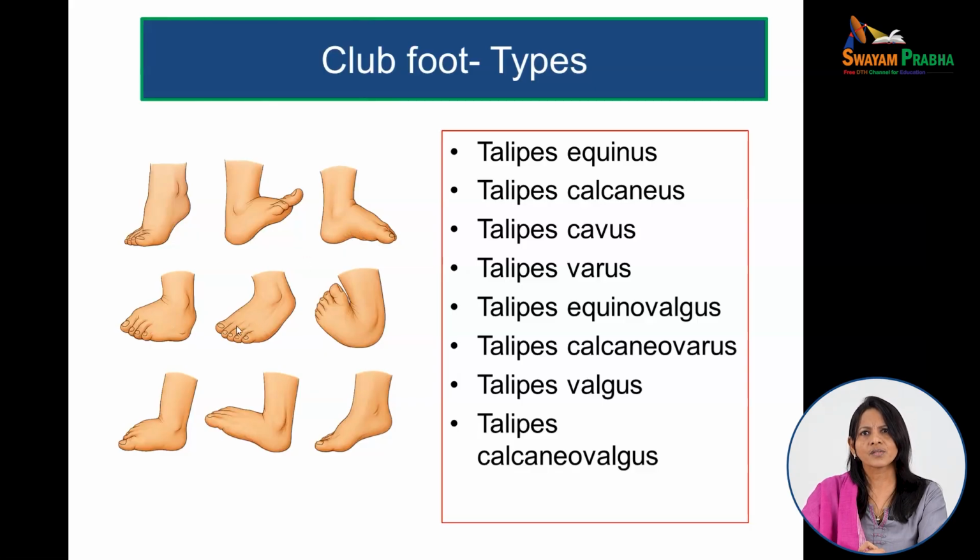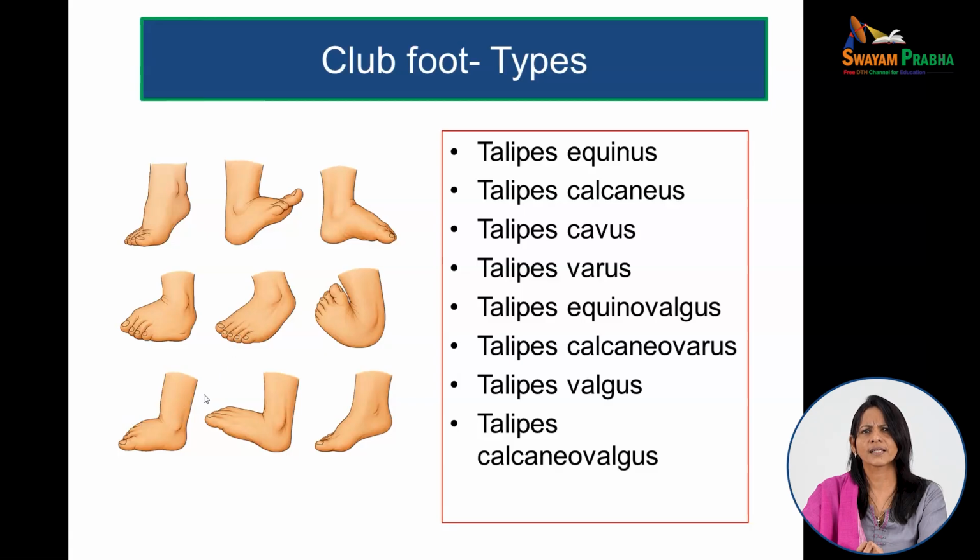These are varus and valgus deformities, where varus means the lateral border of the foot is on the ground with the medial border raised and the foot facing medially. So it is varus, and the opposite is valgus. Here it is talipes calcaneovarus, and something similar.